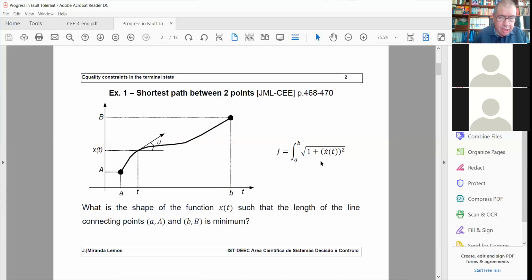I'm considering smooth curves, so curves that have derivative everywhere. Otherwise, the story is different. Now, we have this expression for the length, and we have this problem, finding the curve with the minimum length. How can I transform this into an optimal control problem? Can you have any ideas?